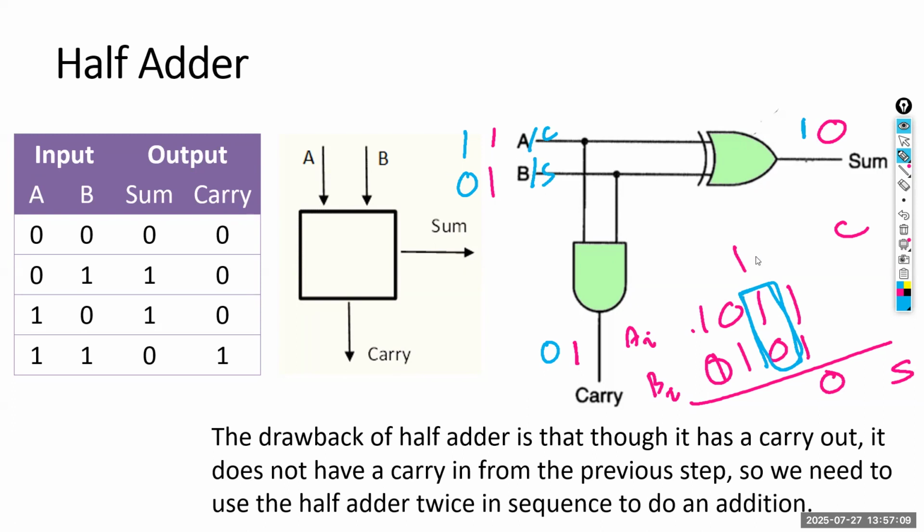First we add these two, then you add these two. Now our sum is 1. When we add this, sum is 1.